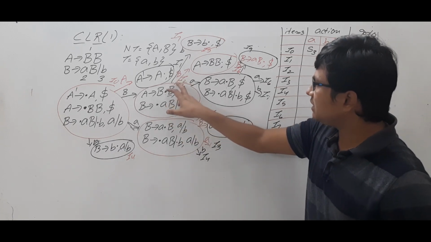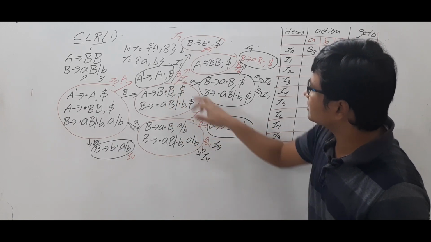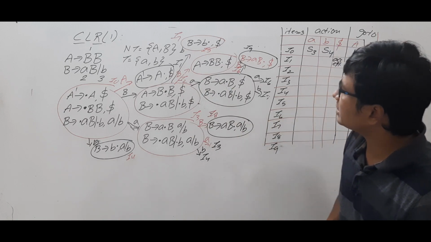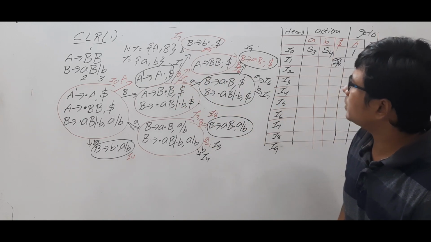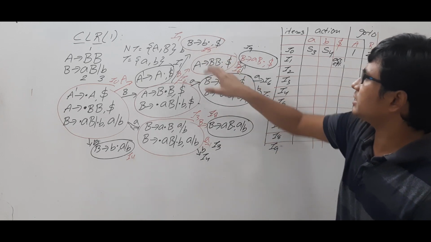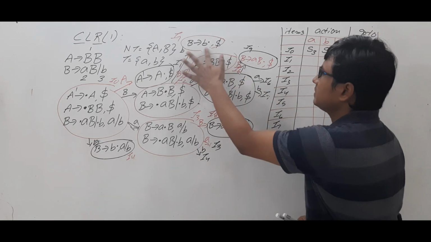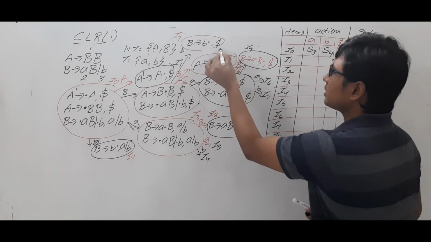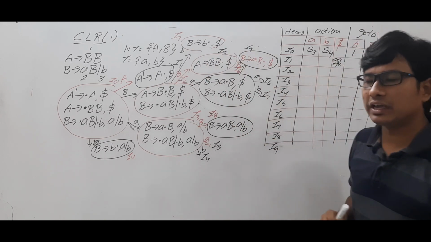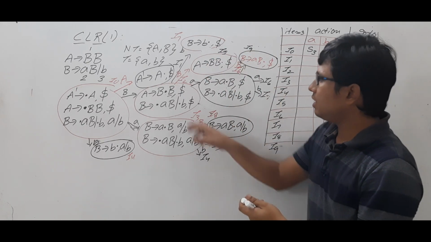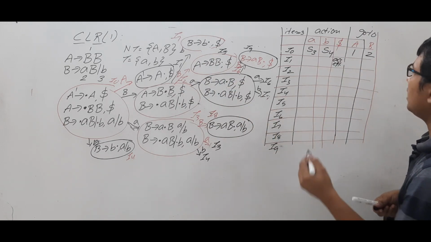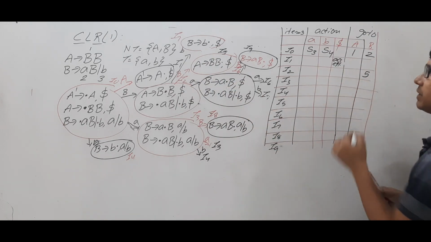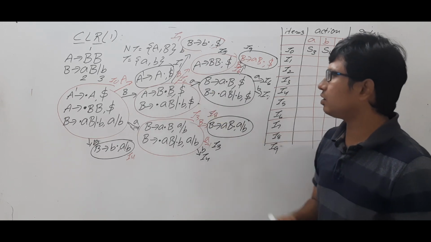Come to I2. On capital B, where did I go? I5. Sorry for this confusion, because space is the constraint. I would have written properly if I had a large board. I2 on B, I got I5, so I need to write 5 here because B is a non-terminal.